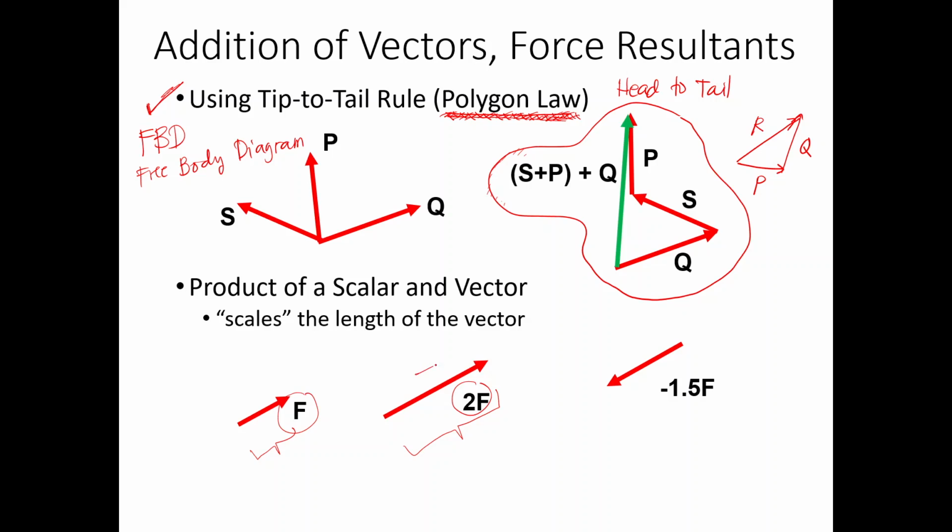Notice that this one is positive. If we reverse the direction, it becomes negative. Again, try to justify your values with your drawings. So 2F, and this one is negative 1.5F, so it must be shorter than the 2F.